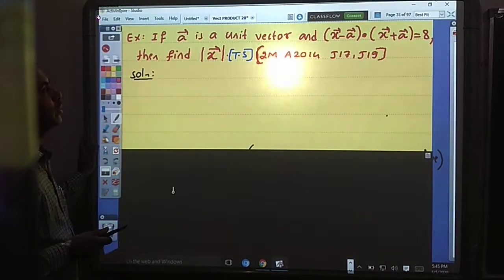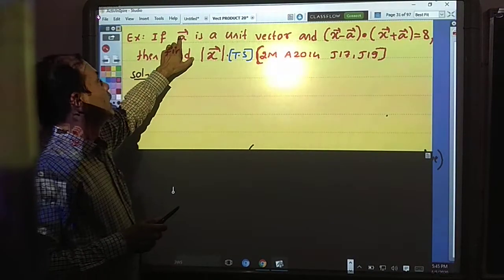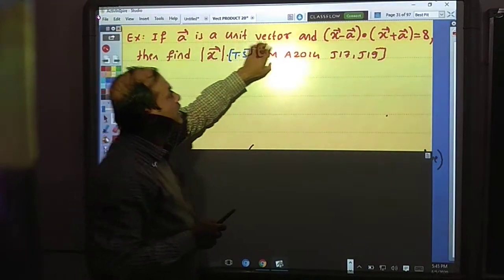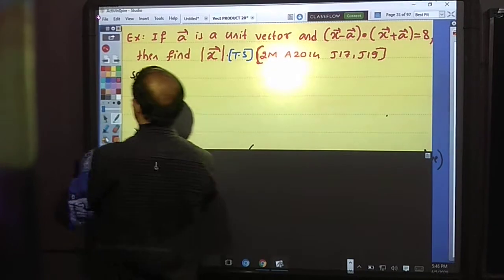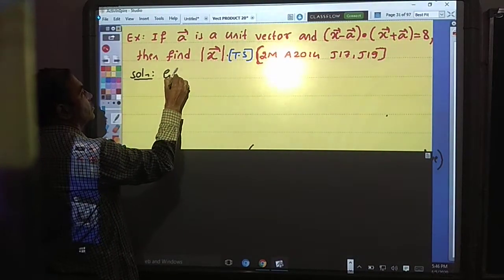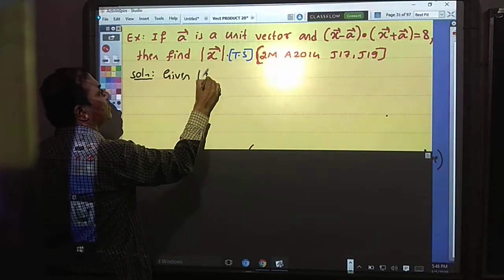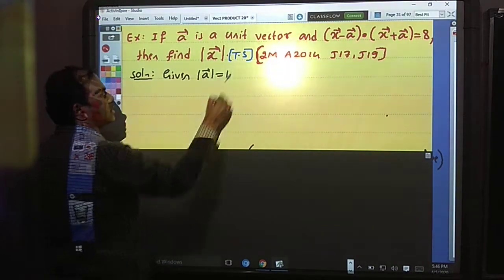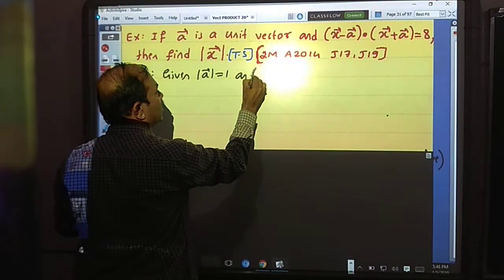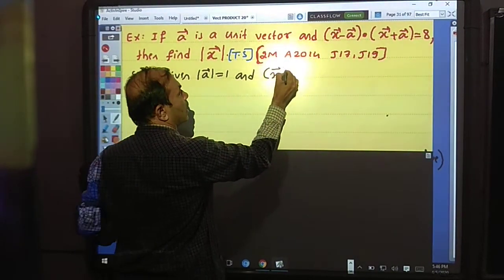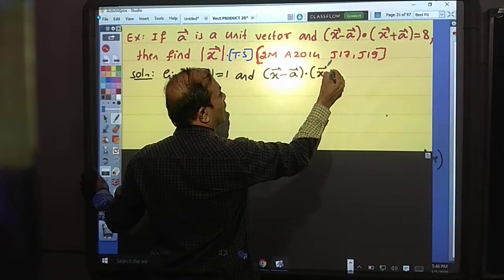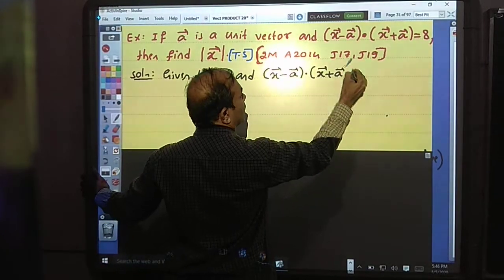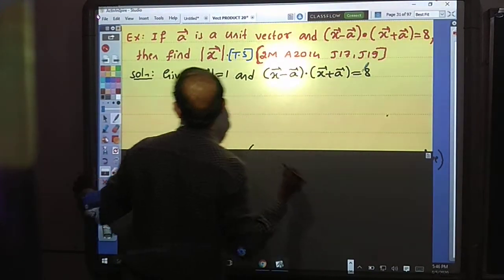What is given and what we have to do. A is a unit vector, this is given. And one more thing, x minus a dot x plus a is equal to 8.